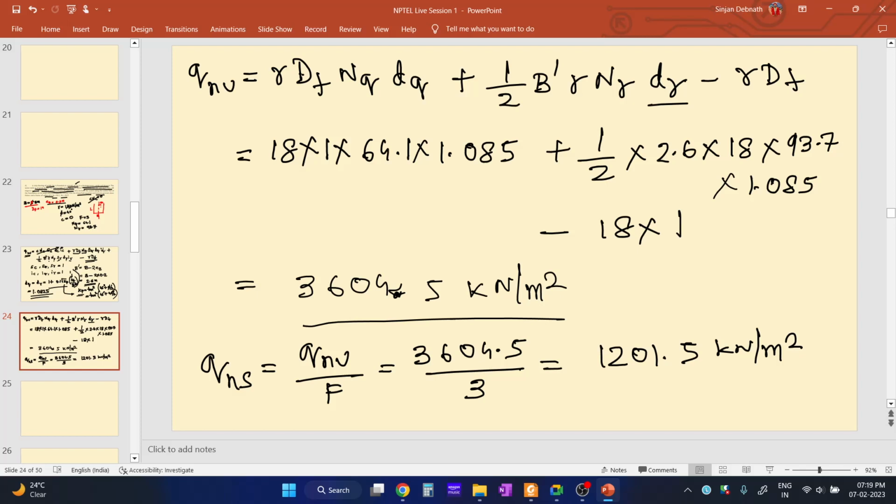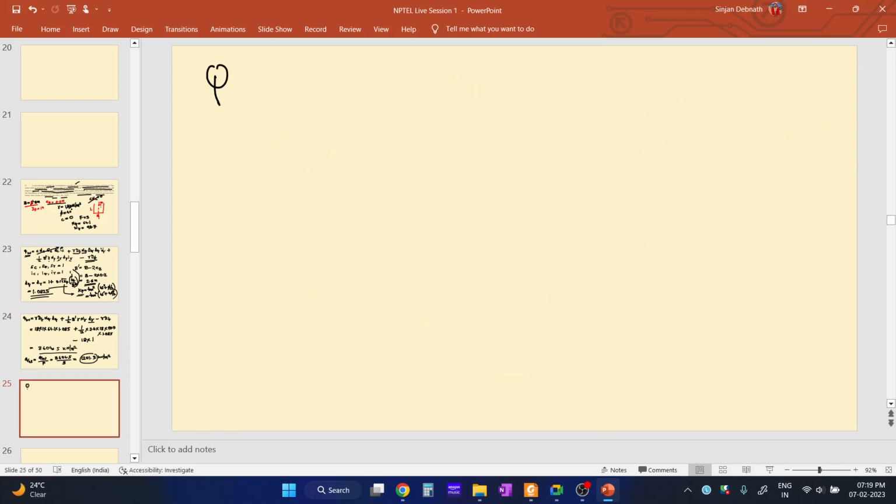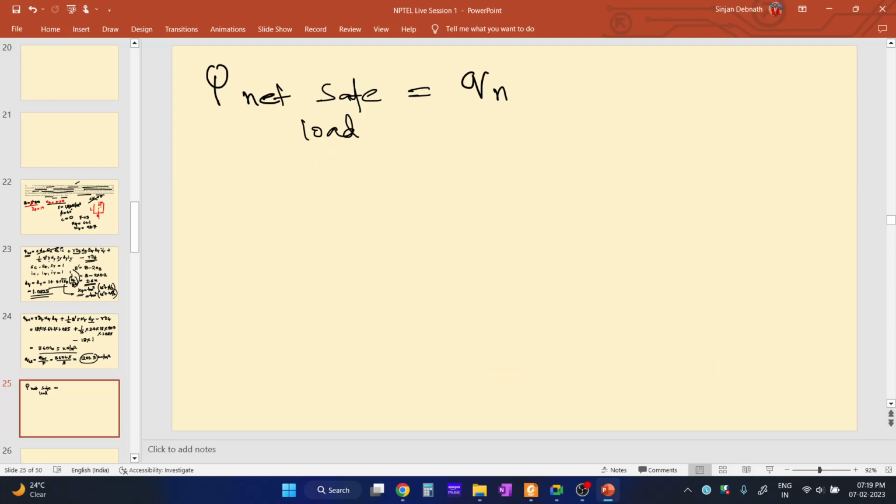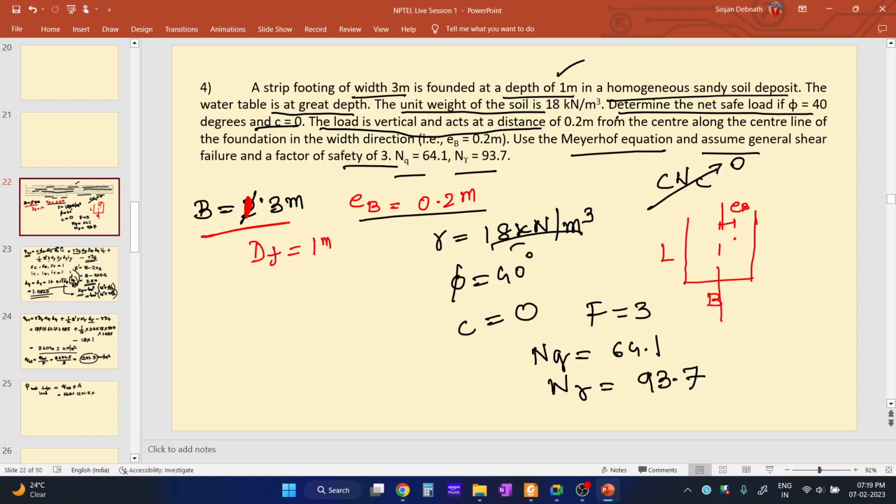So what is the net safe load? We just need to multiply this with the area. This is the net safe load: 1201.5 qns into area. This is a strip footing. What is the area? The breadth is 3 meter.